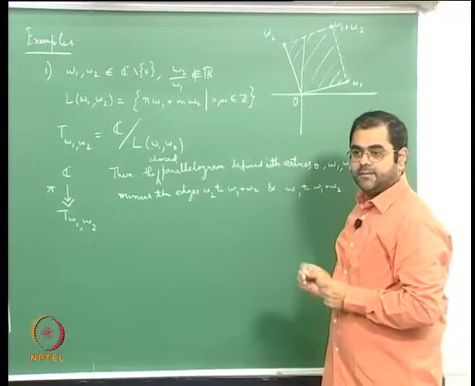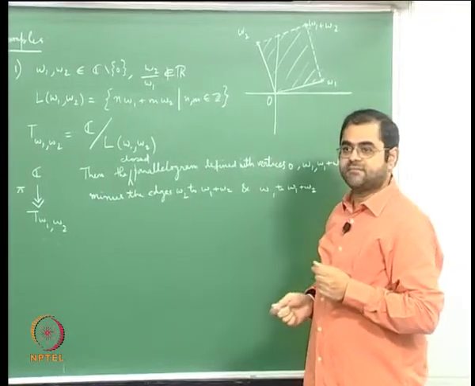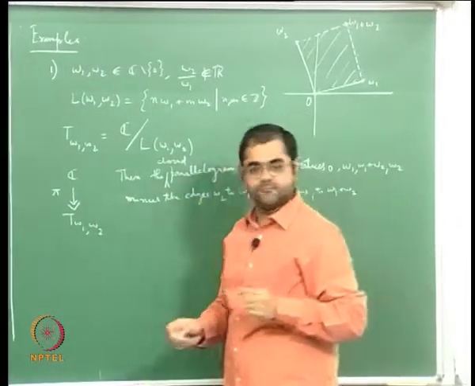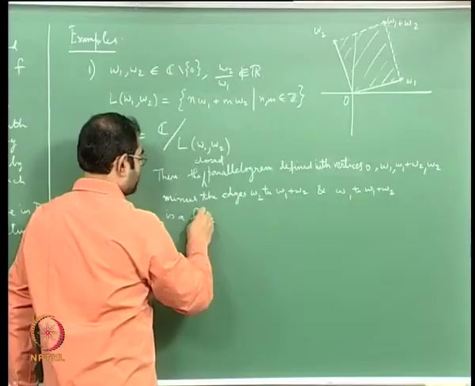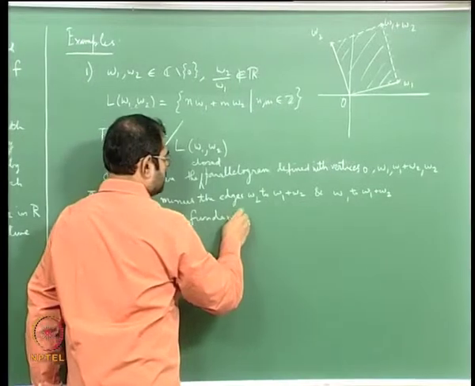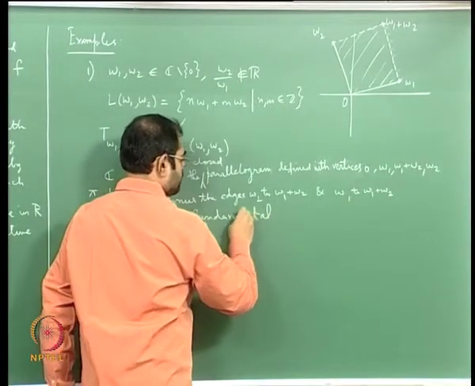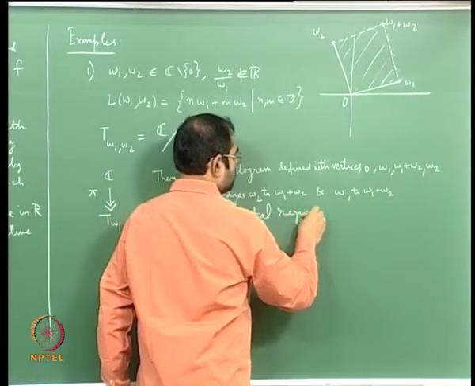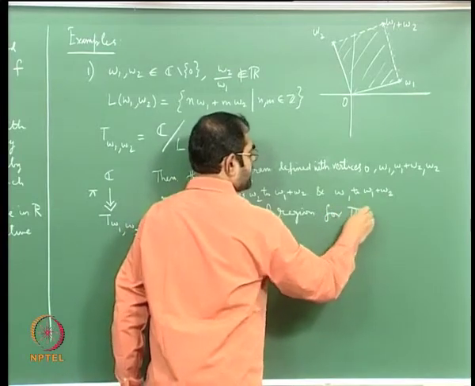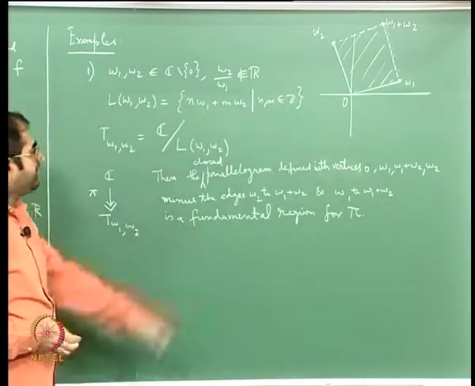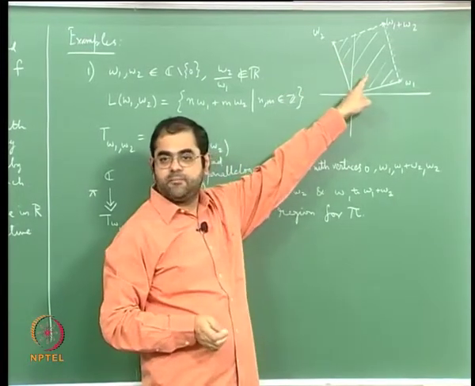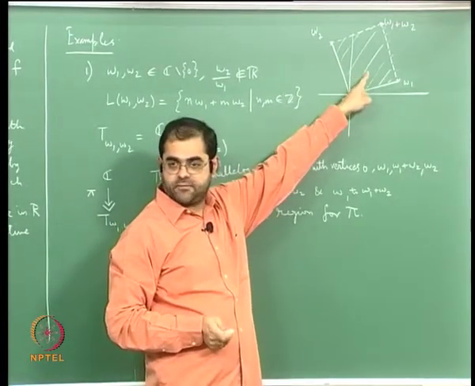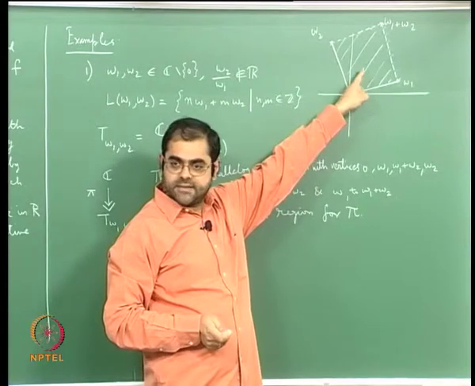Then this is a fundamental region for the map pi, because first of all you see that every orbit has a unique representative here, that is clear.